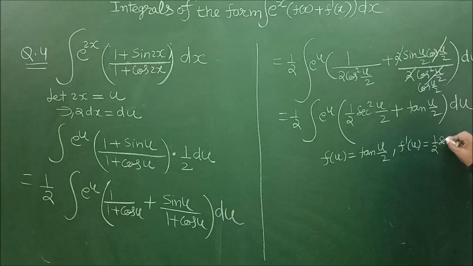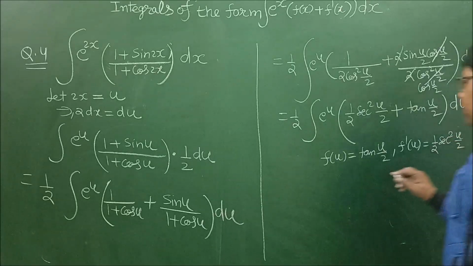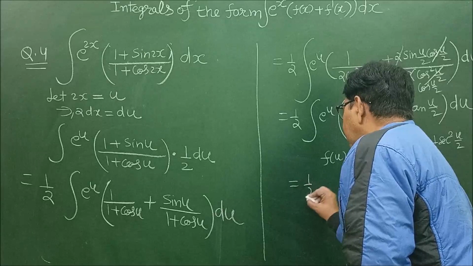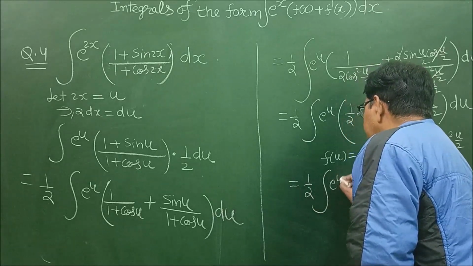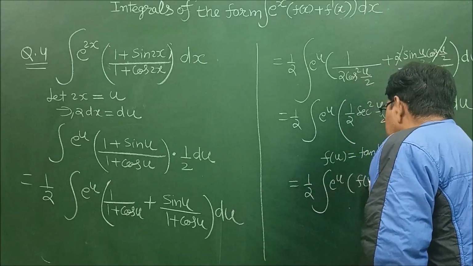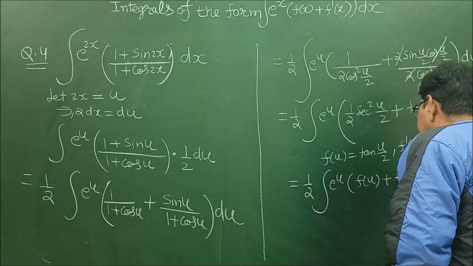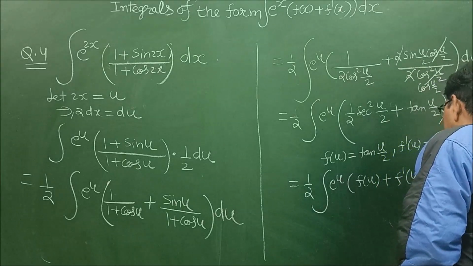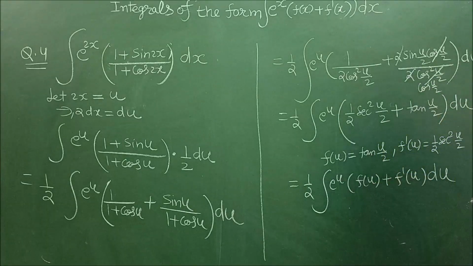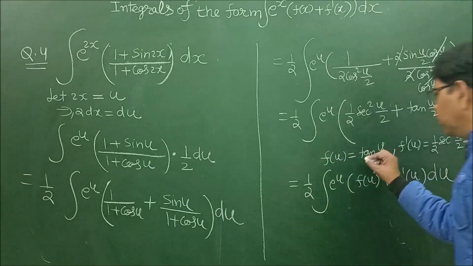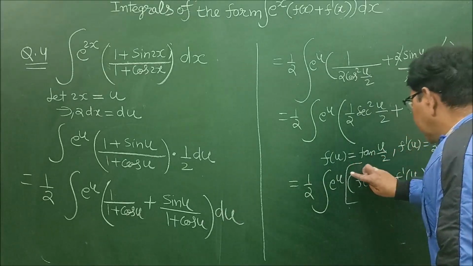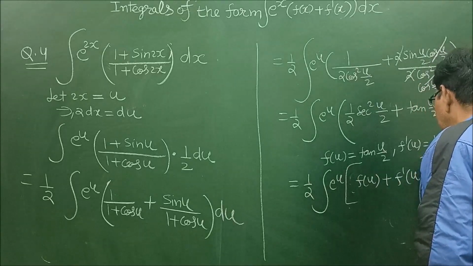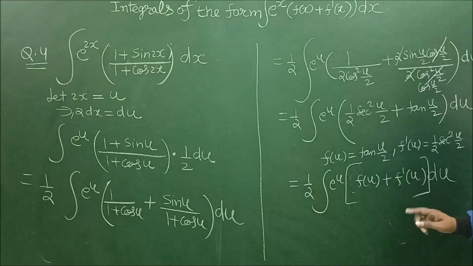So this integral now reduces to the form half of integral of e raised to the power u (f(u) plus its derivative) du. And this integral, as we know, is equal to e raised to the power u f(u).